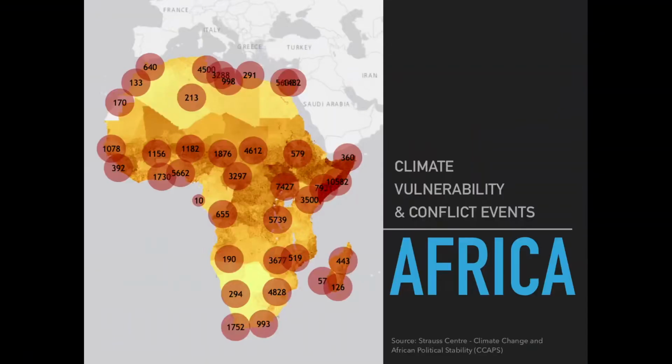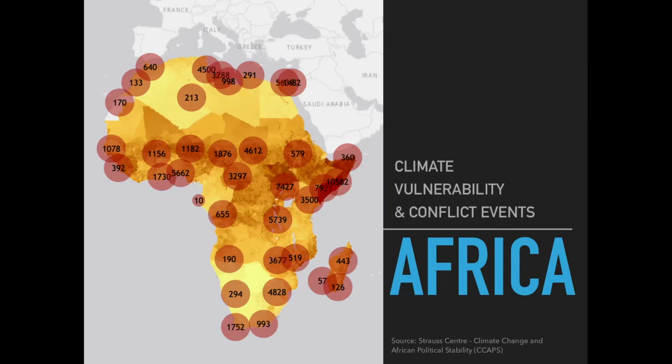So here are some visualizations of the link between climate vulnerability and conflict. Up on the screen, you can see a map of Africa. The areas which are shaded darker represent areas of higher climate vulnerability, and the numbers within these red circles represent cataloged conflict events.